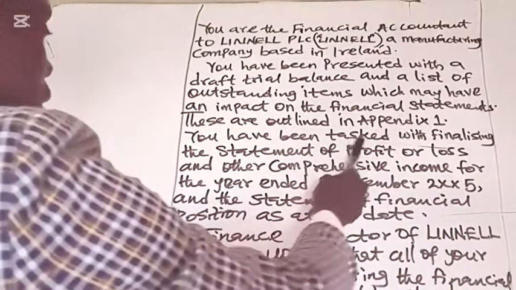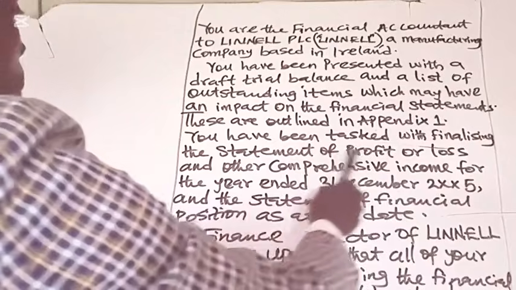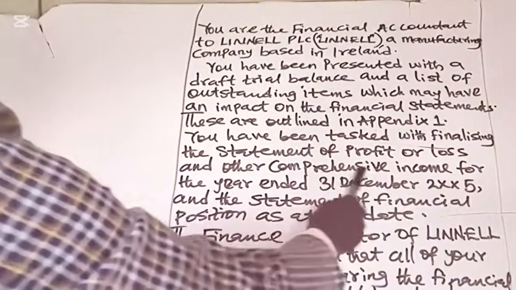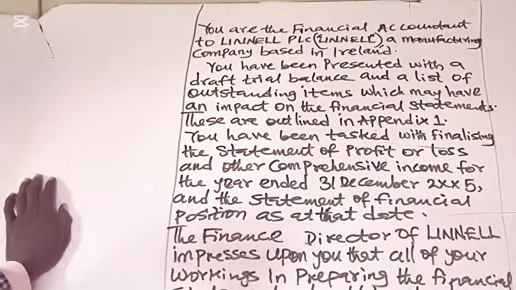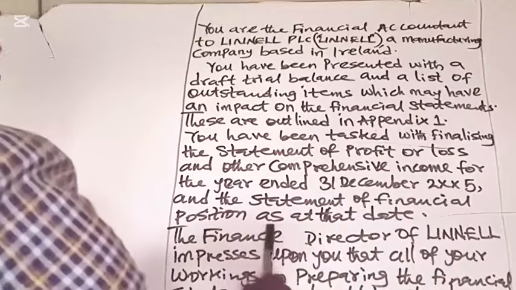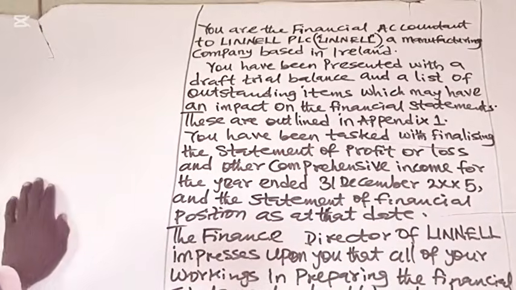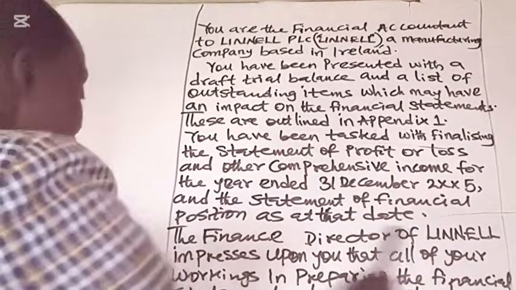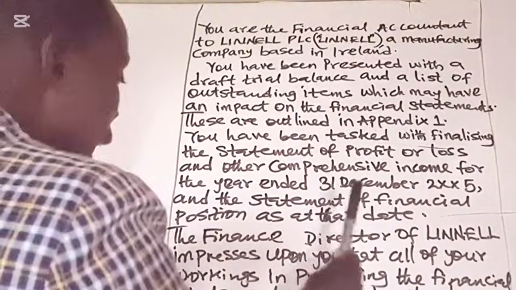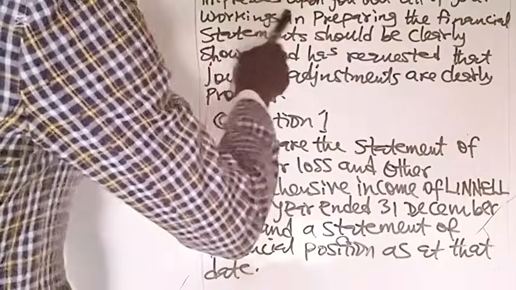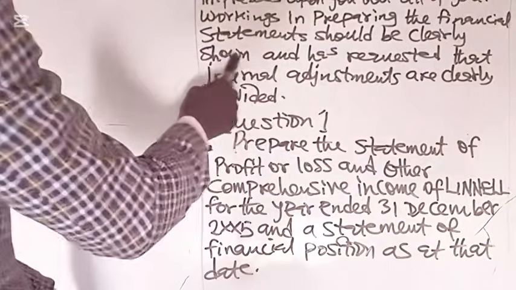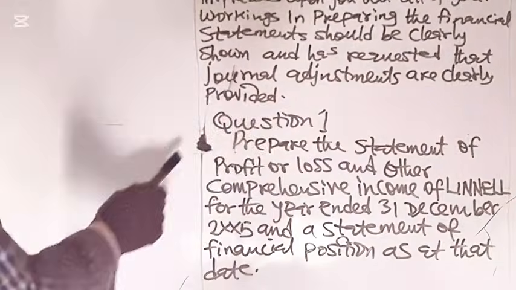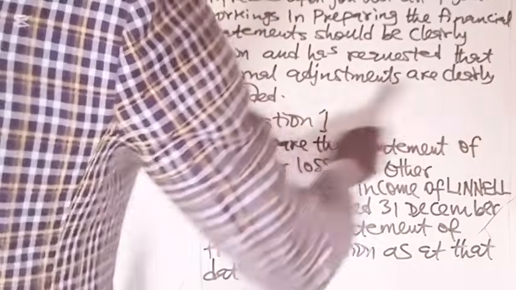You have been tasked with finalizing the statement of profit or loss and other comprehensive income for the year ended 31st December 2005 and the statement of financial position as at that date. The finance director of Lease impresses upon you that all of your workings in preparing the financial statements should be clearly shown and has requested that journal adjustments are clearly provided.